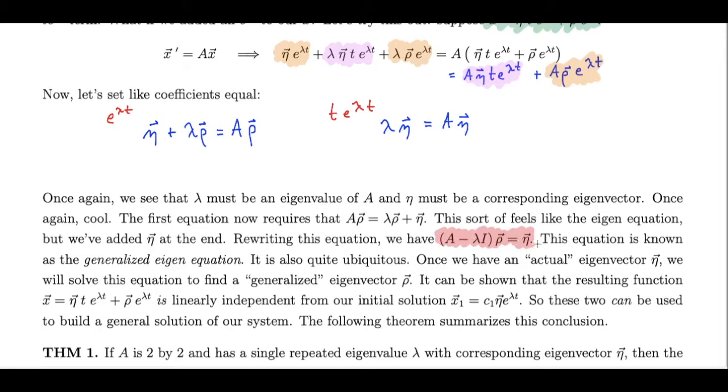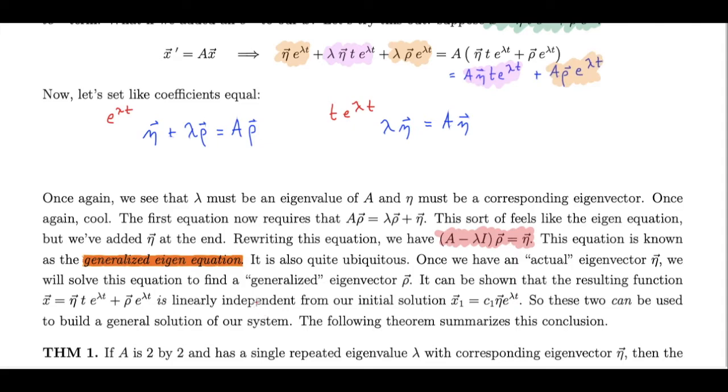Now this equation, if eta was 0, this would be the eigenequation, but it's not. But eta is an eigenvector. This equation is known as the generalized eigenequation. And it basically says we first need to solve for an eigenvector, an actual eigenvector of the matrix. That's what this eta is. And then we can set up this equation and solve this equation for rho.